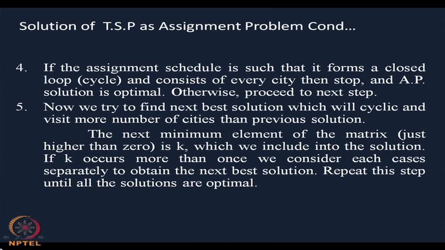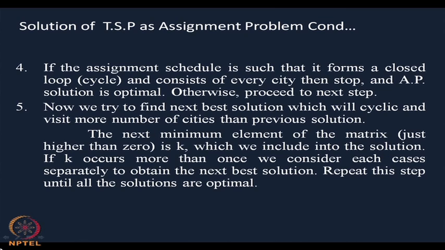In the next step, what actually we have to do? We will try to find out the next best solution, which will be cyclic. So, for this what I have to do? We have to find out the next minimum element of the matrix, that is, you have the cost matrix.